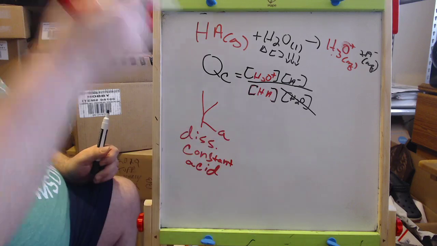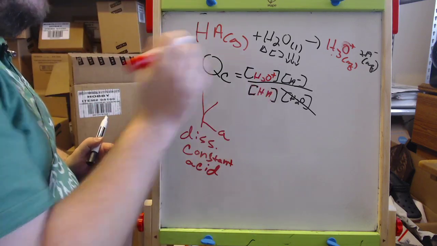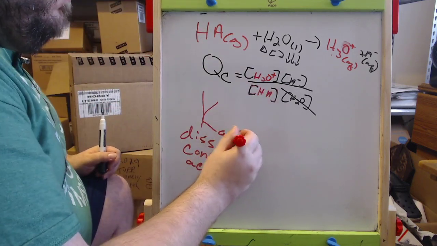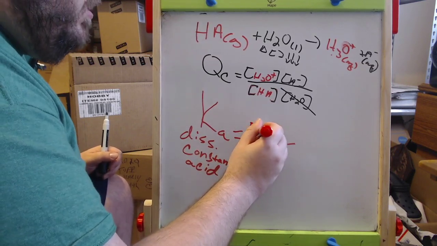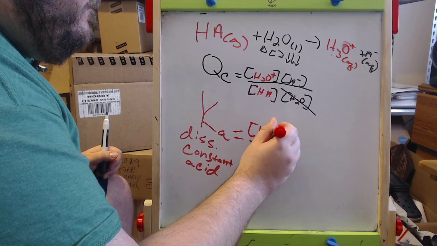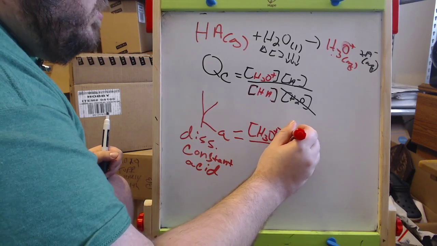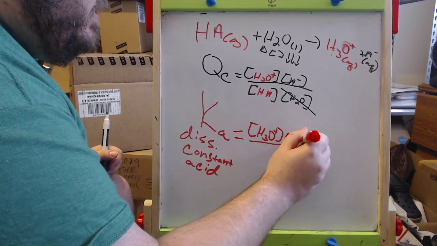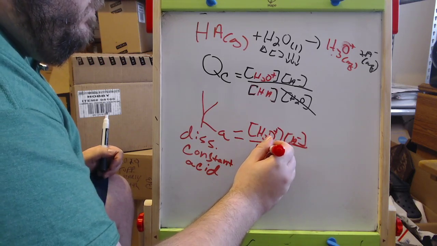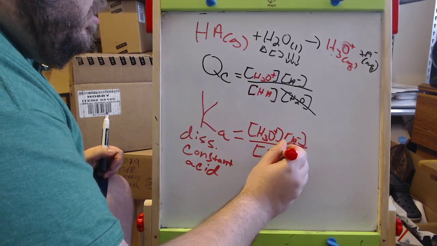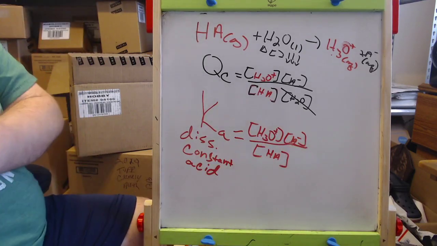How much of the acid breaks down? And it's essentially the Qc without the water. It's the concentration of hydronium times the concentration of A minus, all over the concentration of the original acid.